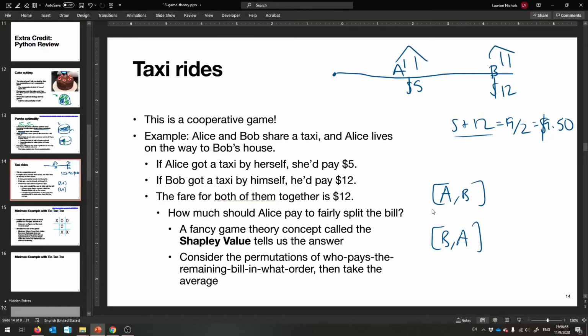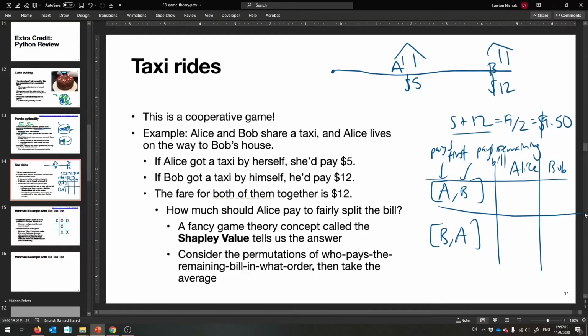So this is the idea. So Alice pays first in this scenario, and then the second person pays what's left, pays the remaining bill. So let's figure out what they're going to pay, Alice and Bob, in each of these scenarios. So there's this scenario and that one.